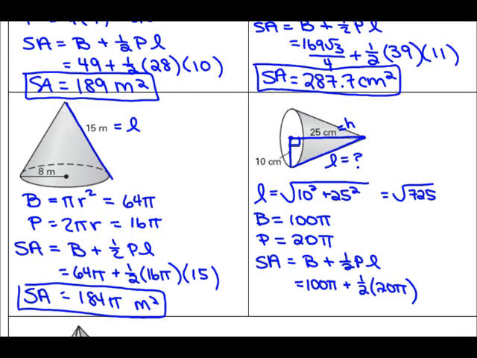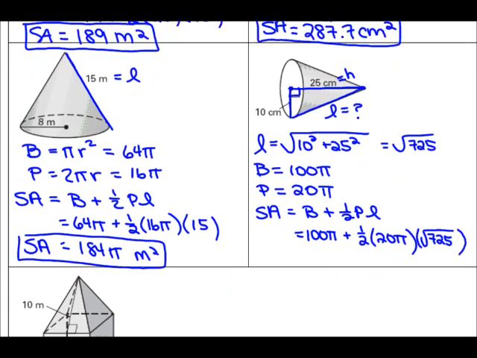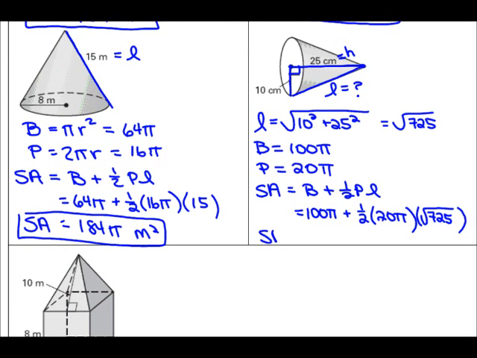And then the slant height we found was the square root of 725. Okay, so here I would not make you try to simplify a radical in terms of pi. So on this one, you'll just put this in your calculator and you'll get an approximate surface area of 1,160.1, and our units are centimeters squared.